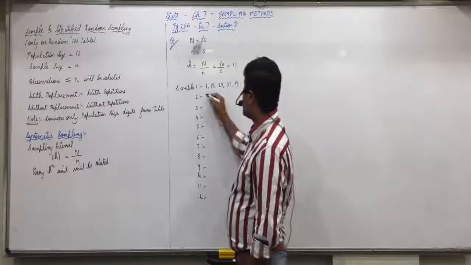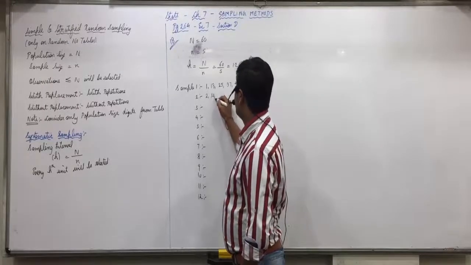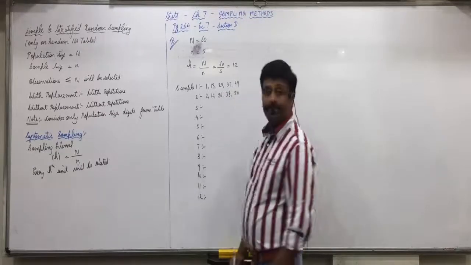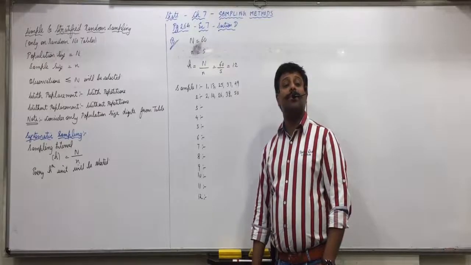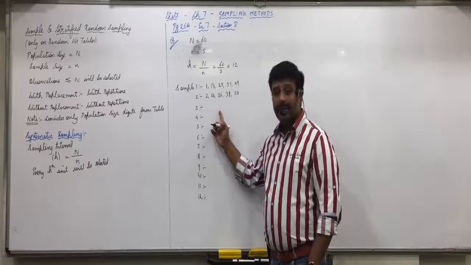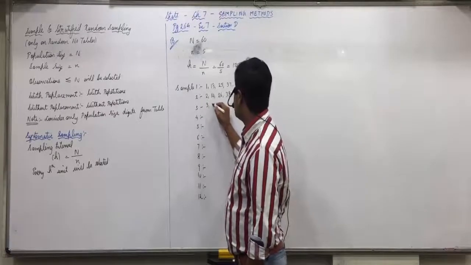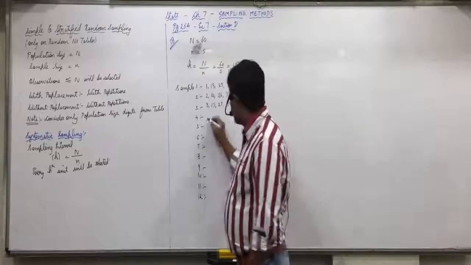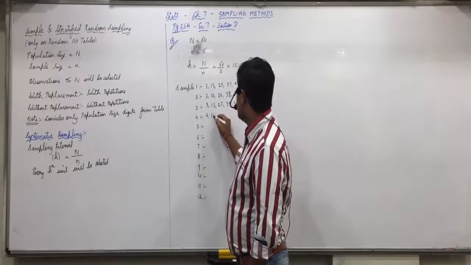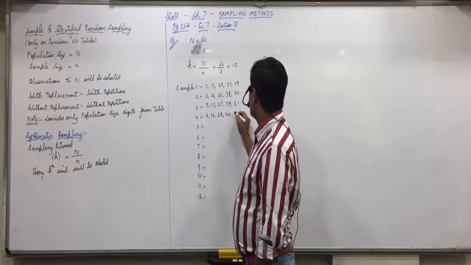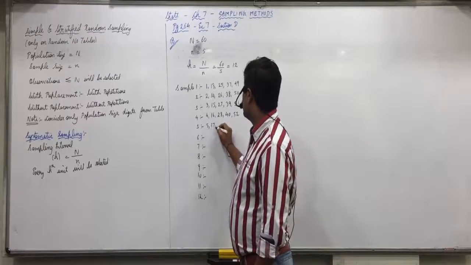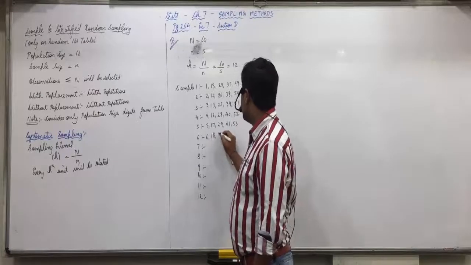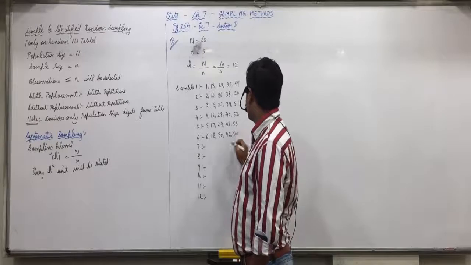Okay, instead of 1, if you select the first number as 2, then 2 plus 12, 14 plus 12, 26 plus 12, 38 plus 12, 50. Put your pens down, last bench. Is everyone clear with this? If you select the first number as 3, then 3 plus 12, 15, 27, 39, 51. Then 4 plus 12, 16, 28, 40, 52. Then 5, 17, 29, 41, 53. Then 6, 18, 30, 42, 54.